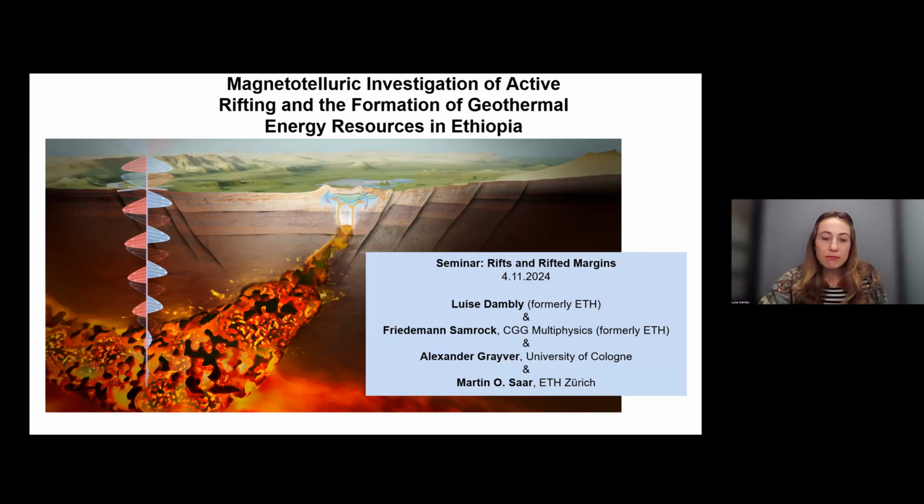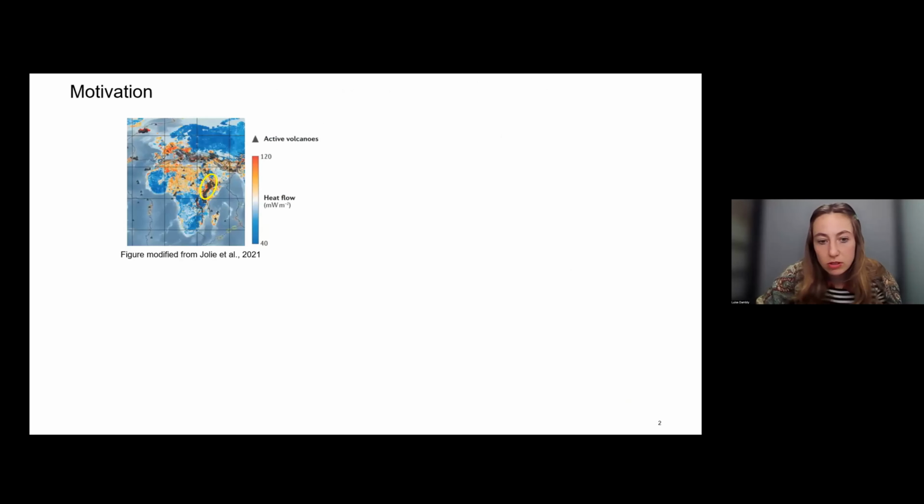So my entire PhD project was the magnetotelluric investigation of active rifting and the formation of geothermal energy resources in Ethiopia. And we were really interested in this project because, as Kate has explained, we have this East African rift system.